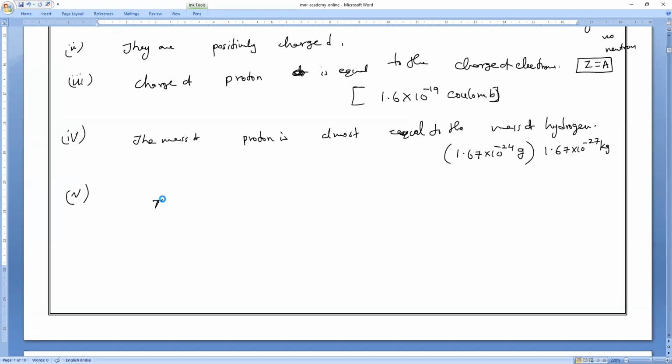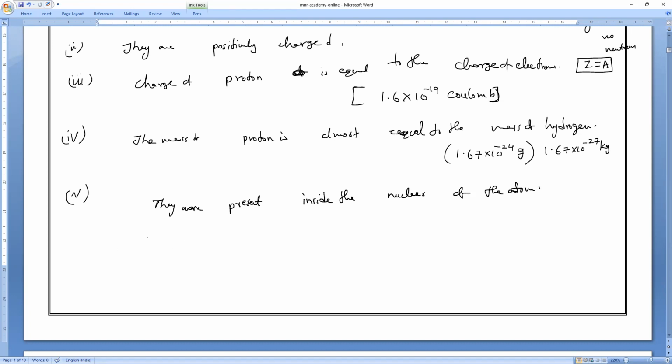Understand? Next, they are present inside the nucleus of the atom.